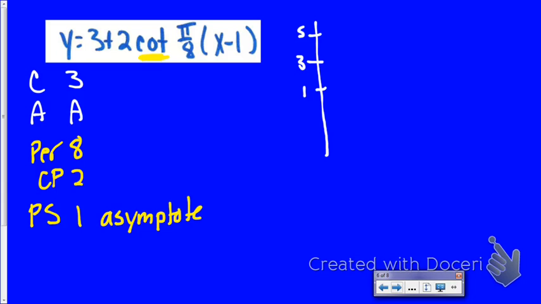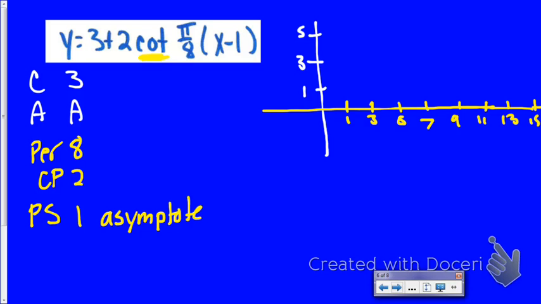So I'm going to mark my x-axis, just like I did in the other one. I'm going to start at 1, and I'm going to keep going, counting by 2s again. And I'm going to run out of space. Alright, so what this graph's going to look like, the first point I'm going to plot is an asymptote. So at 1, because it's cotangent, it's an asymptote. Then I'm going to follow the pattern of the parent function.